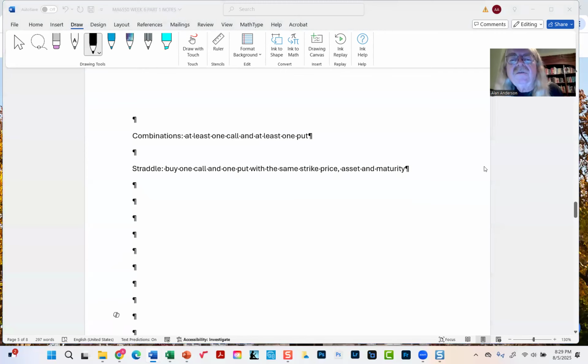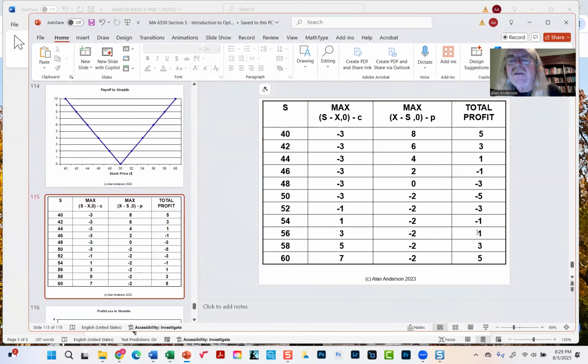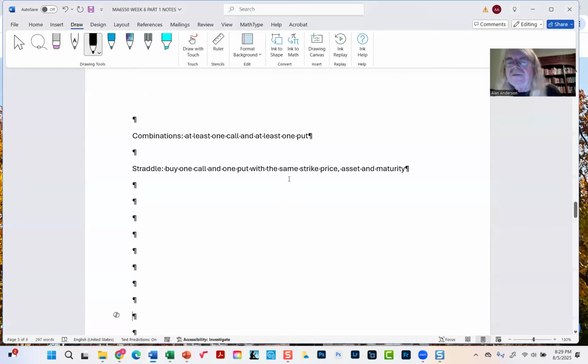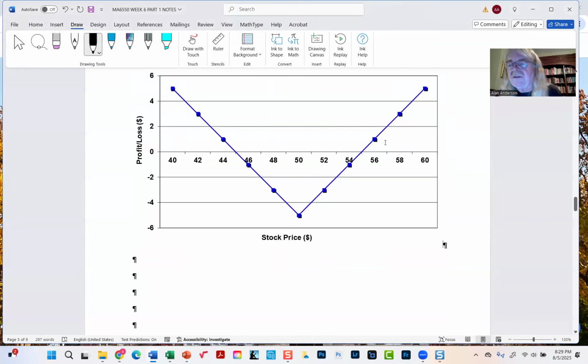What does that get us? Well, it's going to remind you a little bit when you see it of the reverse butterfly spread because if you notice, we're betting on volatility again. In other words, we're hoping that the price either goes way up or way down. We don't really care which, as long as it goes up or down enough to generate a profit, because it is, after all, a very expensive position.